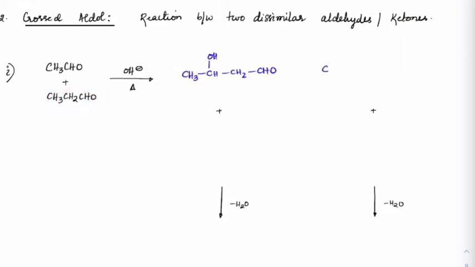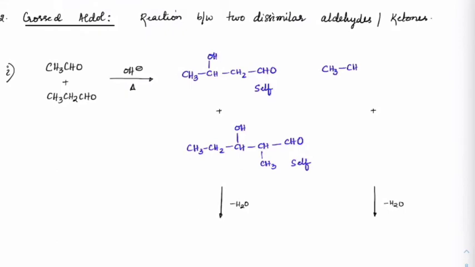I will get this as CH3, CH2, CHOH and CH, CH3 and CHO. This is the self of it. So this is self, this is self.